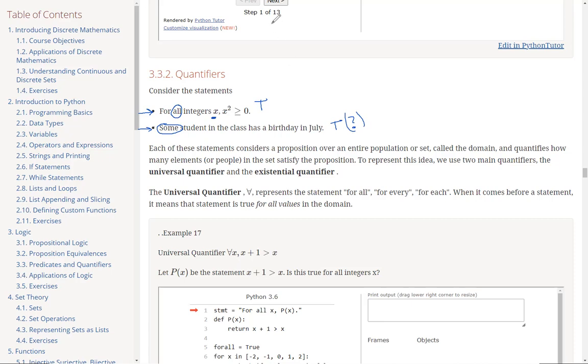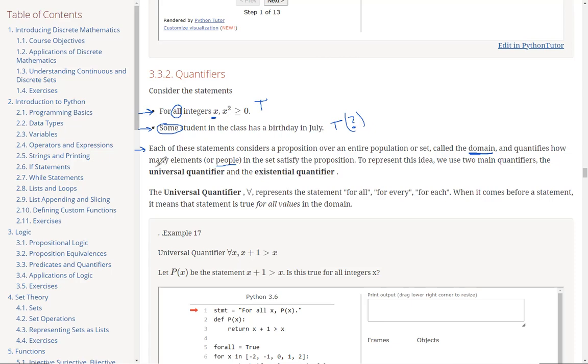Okay. So look at this paragraph right here. Each of these statements considers a proposition over an entire population or set called the domain. So just like domains for functions in college algebra, domains for predicates is everything under consideration. And then it quantifies how many elements or people or whatever in this set satisfy the proposition. So there are two main types of quantifiers we use.